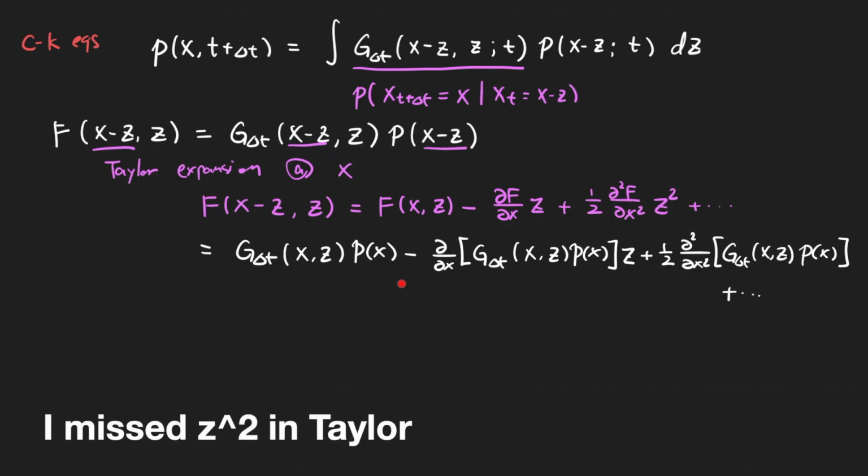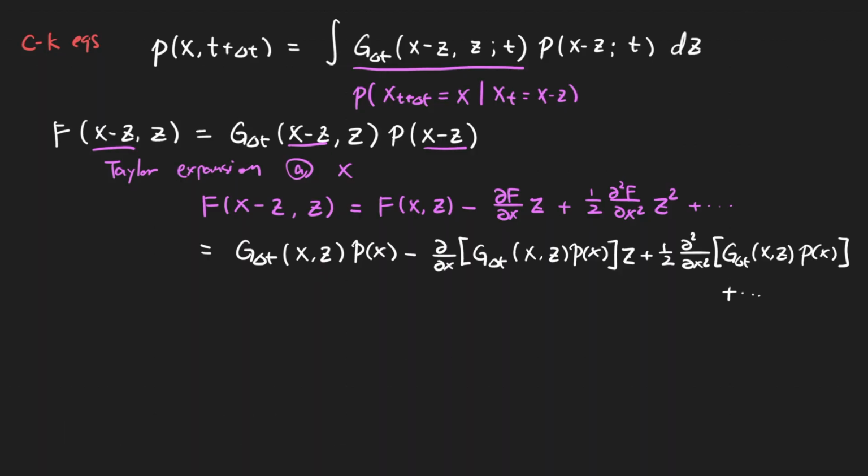and then if we just plug this back into the integral formula, we'll see this integral is over the jump set z. That is over the second parameter. So let me just copy this equation. So we'll have p of x at t plus delta t equals to an integral, and let me just copy this equation.